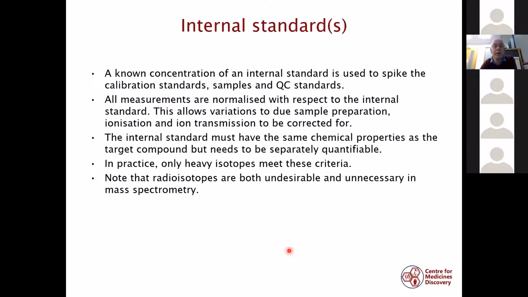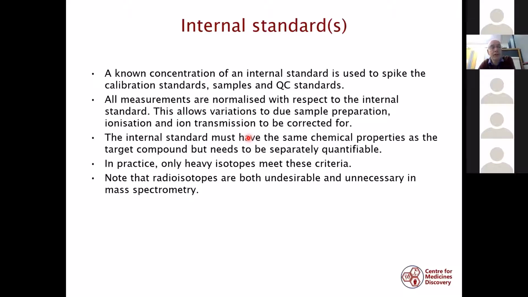You would do that to your calibration standards, you do that to your samples, you would also do that to any QC standards that you have. So with your internal standard, all measurements are normalized with respect to the internal standard. And so variations due to sample preparation, ionization, and ion transmission can be corrected for.